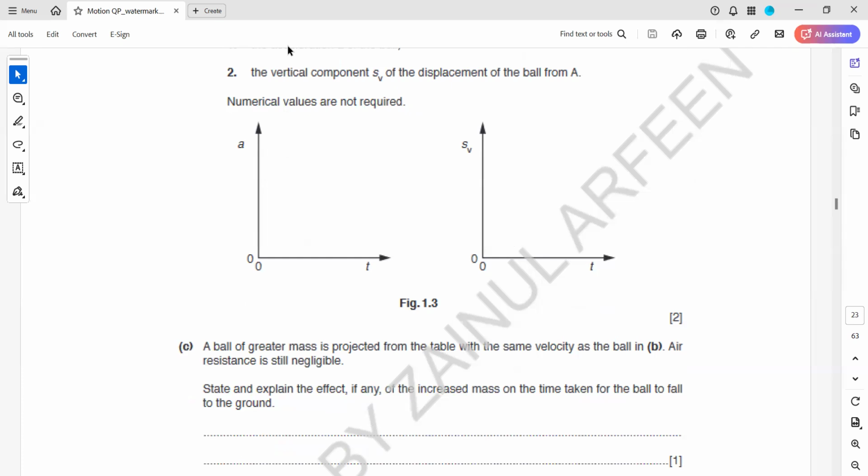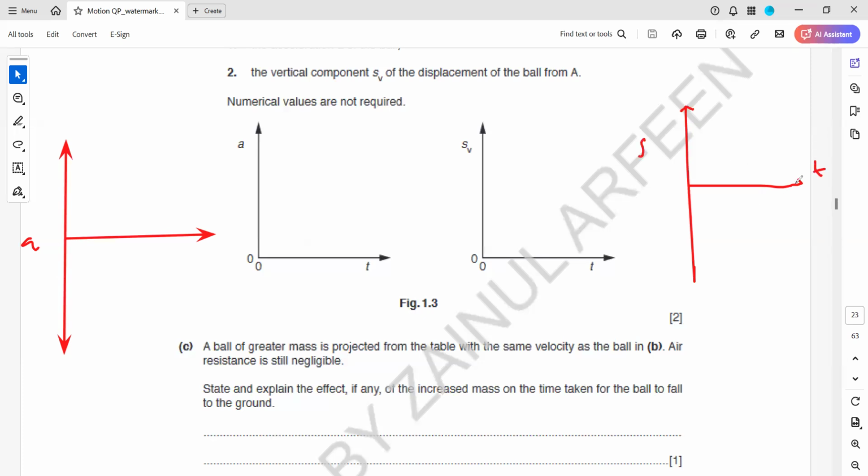If they ask for a negative graph, for example, if the acceleration time graph was there and both axes were given, for a displacement time graph, the negative one will be like this: if the displacement was below the origin, it will be a negative displacement, and the velocity is increasing, so the slope should increase.